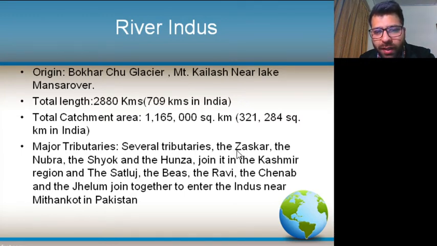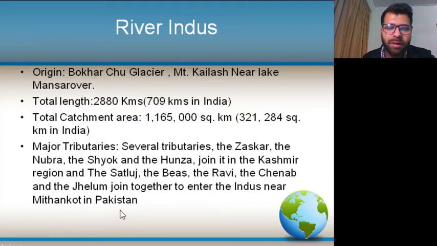So we will not dwell much upon these tributaries, but we will read and study all these 5 tributaries one by one, and we will plot them on the map also. Sutlej, Beas, Ravi, Chenab, and Jhelum join together to enter the Indus River near Mithankot in Pakistan.